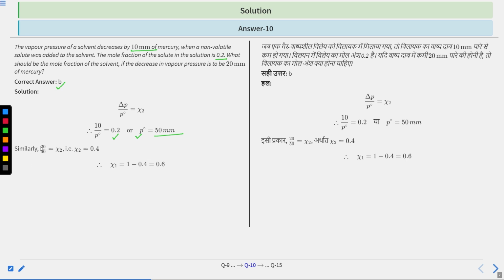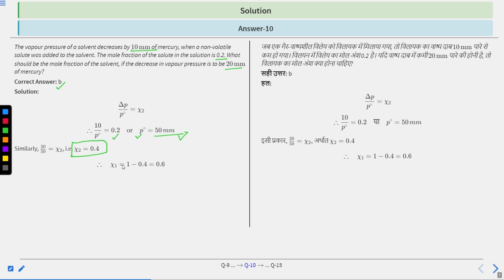Similarly, 20 divided by 50, because it is given that the decrease in vapor pressure is to be 20, so del P is 20 divided by 50, because P naught is not going to change. It equals the mole fraction, which we have to find out. From this we have X2 equals 0.4 for the solute when the vapor pressure decreases by 20 mm of Hg.